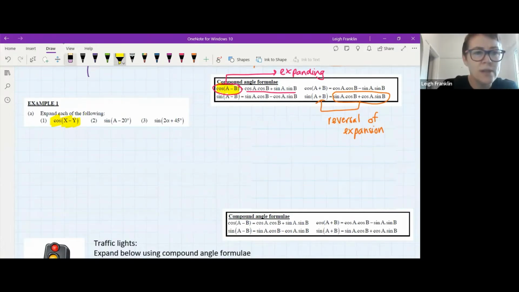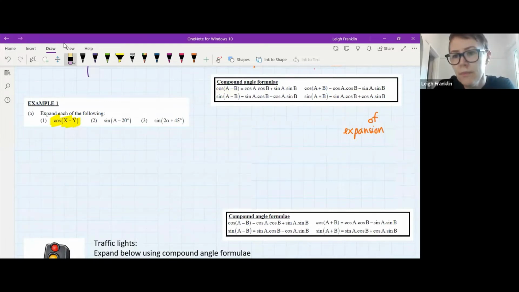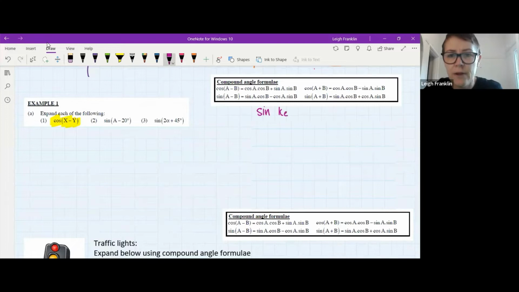What I always tell my matric students to help you remember is this: sine keeps its sign. As you can see, there's a minus there, a minus here, a plus there, a plus here.